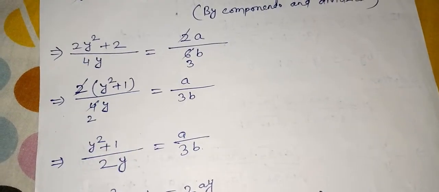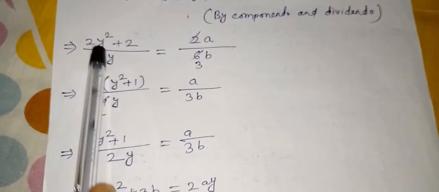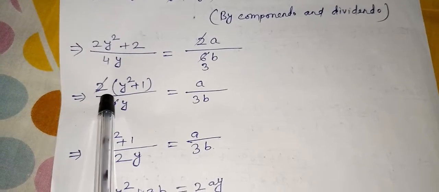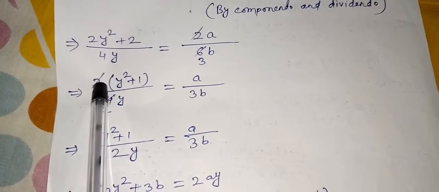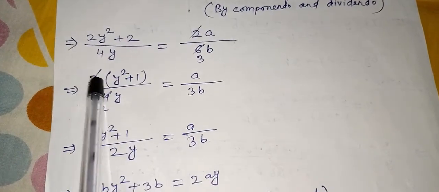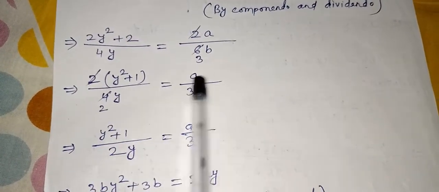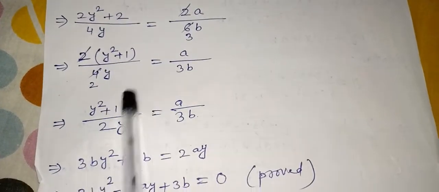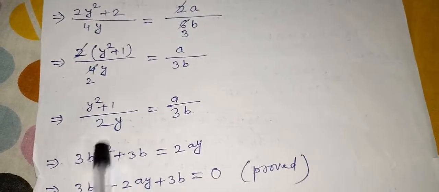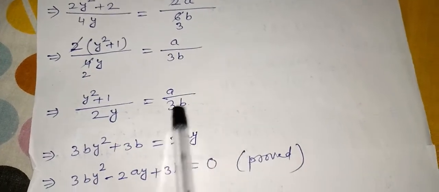But here what I did, I took 2 common from here. When I took 2 common, a bracket came, and bracket means multiplication. So this 2 and this 4y got cancelled: 2 1s are 2, 2 2s are 4y, and the remaining a by 3b I wrote here. Now y square plus 1 in the upper part and 2y in the lower part equal to a by 3b.